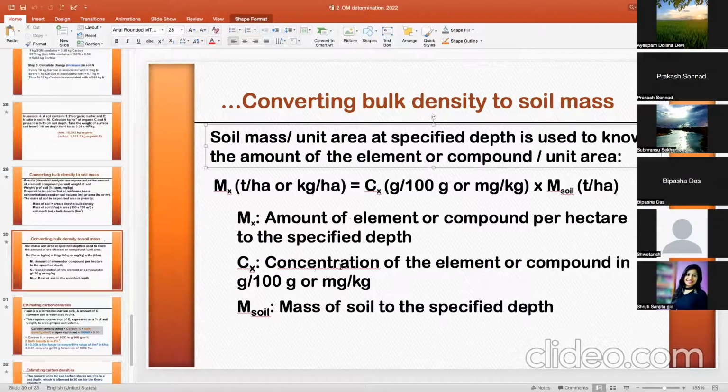Cx is your concentration of the element or compound in gram per 100 gram or milligram per kg. So you can write it here: concentration, gram per 100 gram, how many gram of carbon per 100 gram of soil. Put the value here into M soil. This is in tons per hectare. M soil means mass of soil to the specified depth, in ton per hectare.